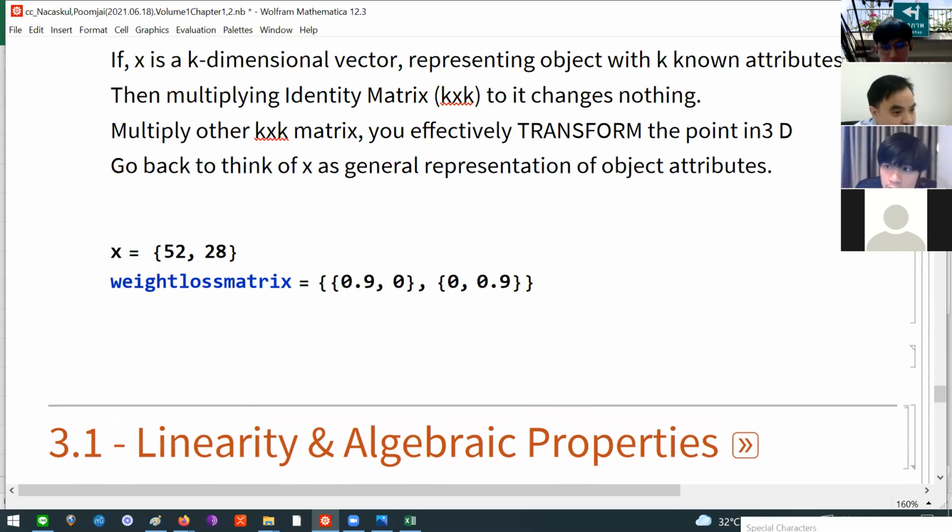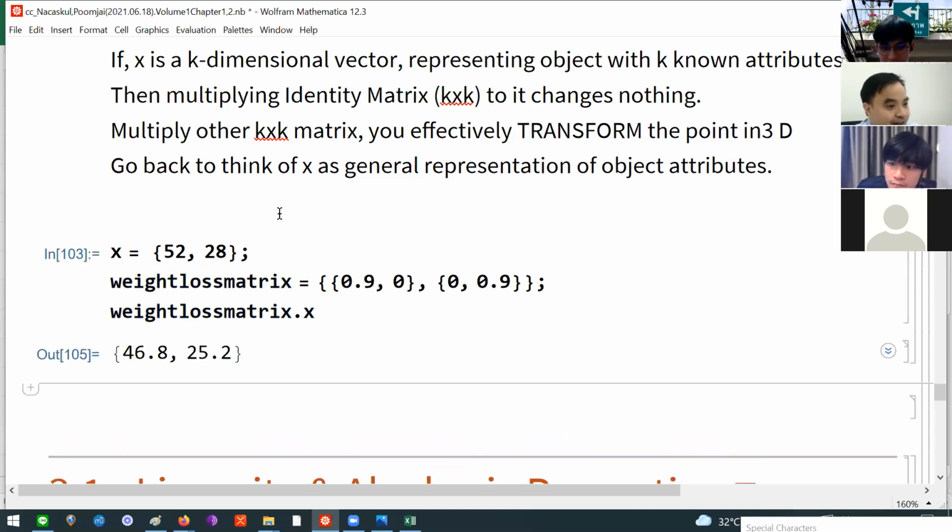So my question is, how has this weight loss matrix transformed this person? She's now 90% as heavy and 90% as circumference. But this is kind of boring.